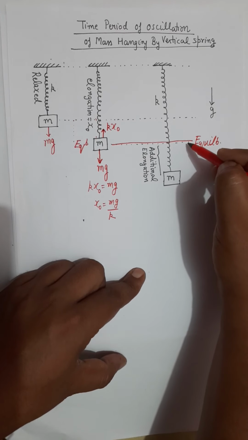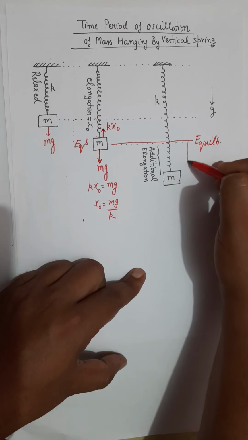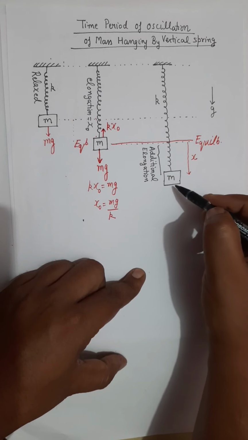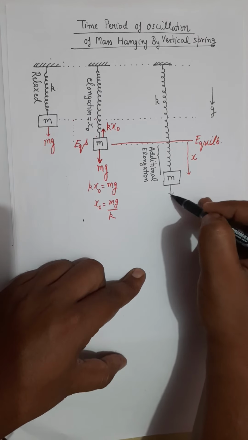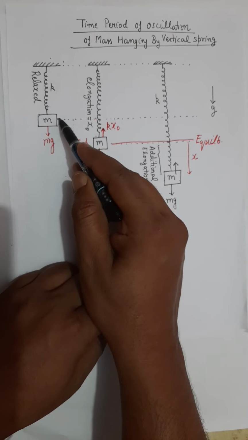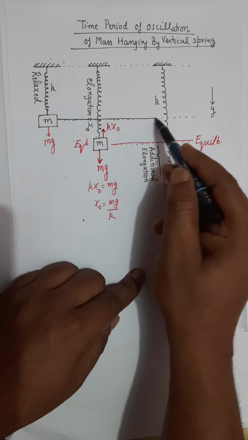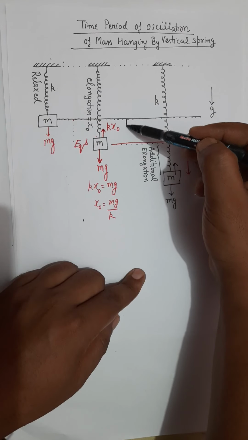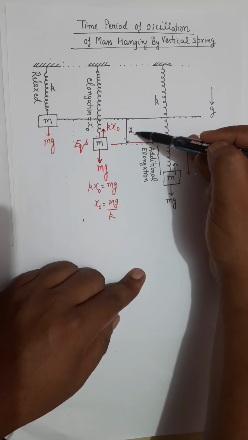From that equilibrium level, if our block is moved downward by an additional distance x, then the forces on the block will be the force of gravity mg and the force by the spring. Notice that the relaxed length of the spring was at this point. It was previously elongated by x naught distance.